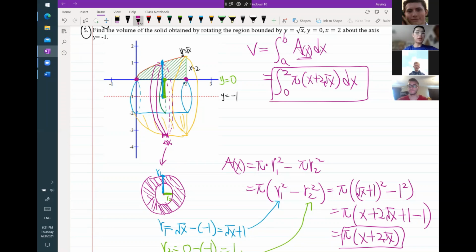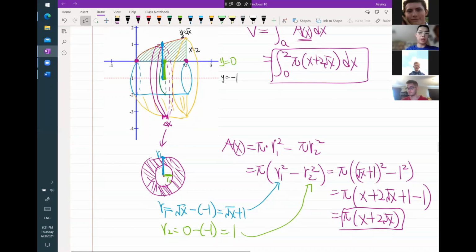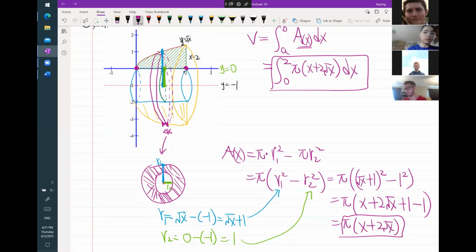How do we find R1 and R2? Like I said earlier, R1 is the radius of the outer circle if you look at the cross section. From the solid I have, the radius of the outer circle is the distance from the function y equals square root of x to the axis of rotation, the one I'm labeling in blue.